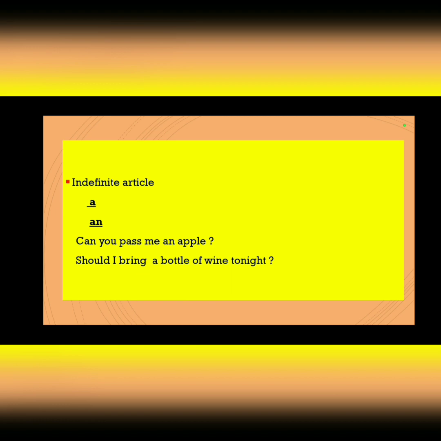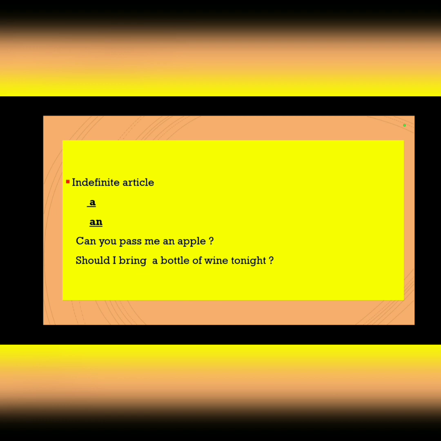The indefinite article is a or an. It is a when it precedes a word that begins with a consonant, and it is an when it precedes a word that begins with a vowel.